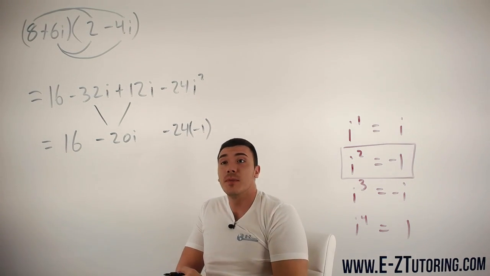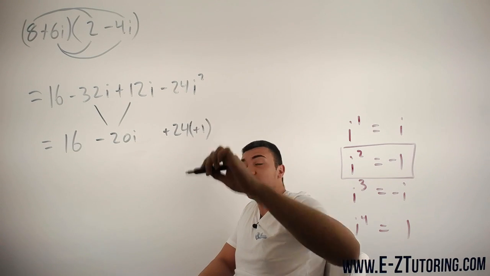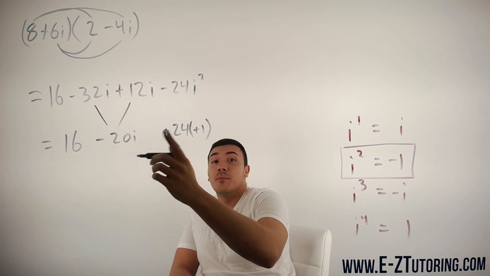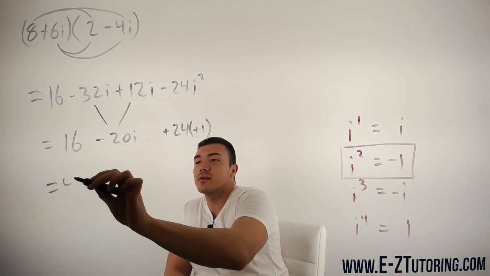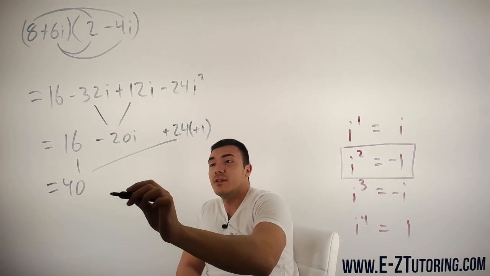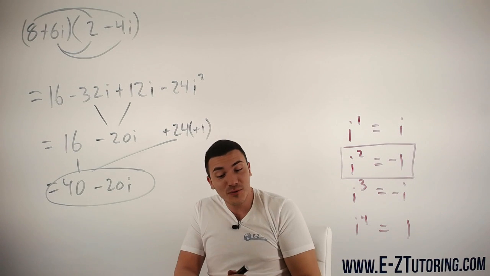All right, so you will notice that we have two negatives on the 24. These two negatives will cancel, we get positive 24. So then we do 16 plus 24, which gives us 40, combining some more like terms here. Bring down the negative 20i, and our final answer is 40 minus 20i.